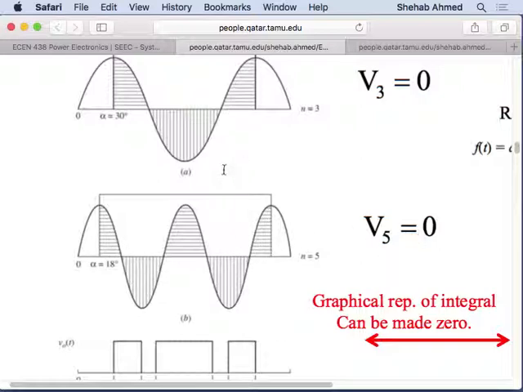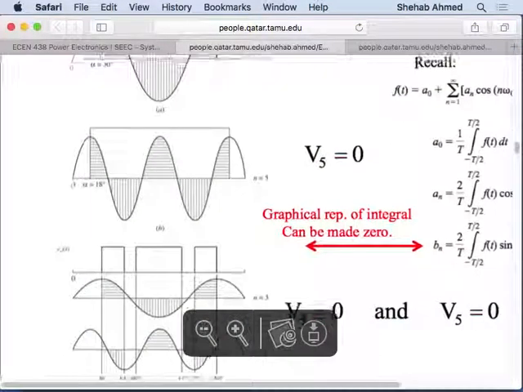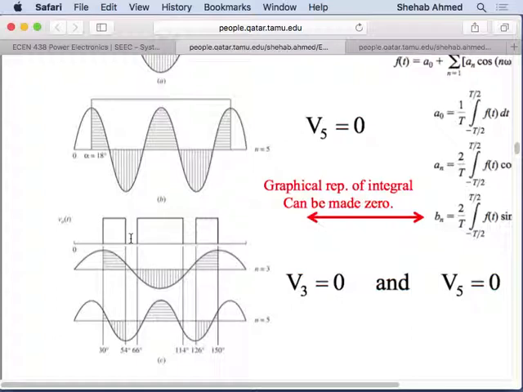I cannot eliminate both at the same time. I cannot do that with a single pulse per cycle. But what people realized is, okay, I can make use of what's going on here graphically, and maybe I can add more than one pulse per cycle. If I add more than one pulse per cycle, and I do the same trick that I just did, I have 3 pulses per cycle.